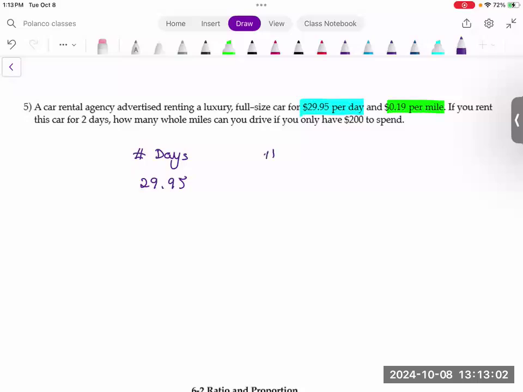So then you're gonna count the number of miles and multiply by 0.19, right? So if this is X and this is Y, what will be the price? The price that you are looking for is $29.95 times X plus 0.19 times Y, right? Are we okay with the equation?